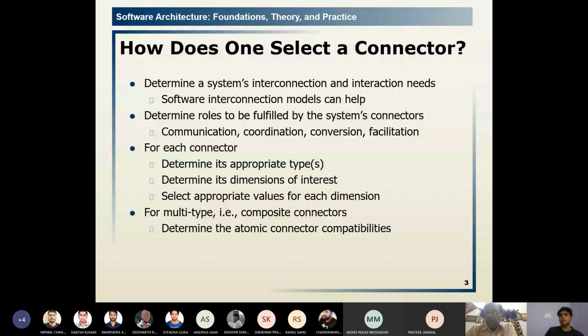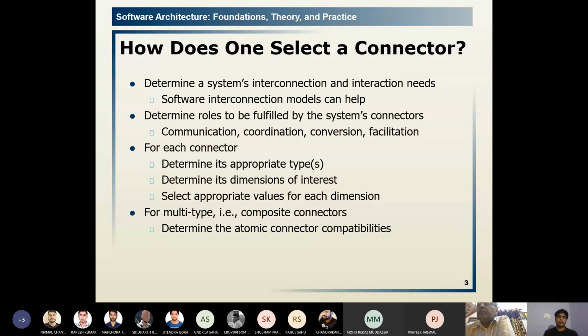Now, how does one select a connector? To determine a system's interconnection and interaction needs, the software interconnection models can help. To determine the roles to be fulfilled by the system's connectors, we need the four services: communication, coordination, conversion, and facilitation.